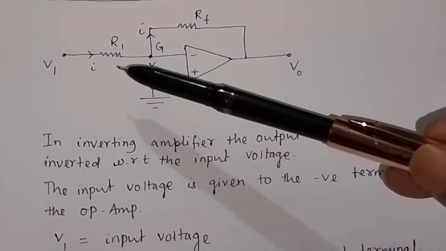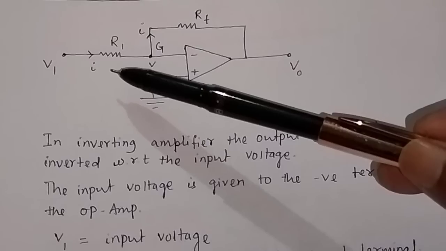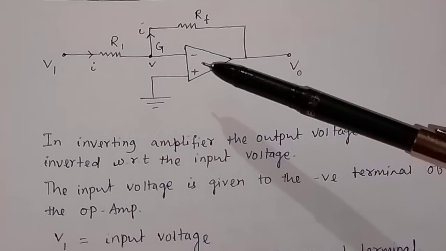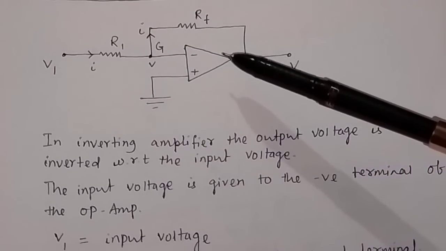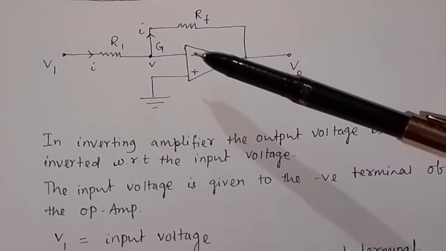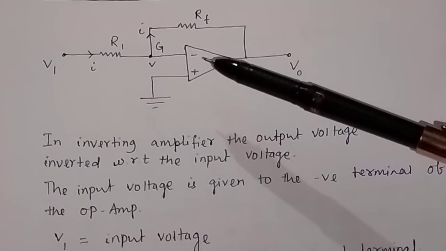Now you see the current passing through this input resistance is equal to I. If you have an ideal operational amplifier, then the input impedance is very high, that is infinite. I have discussed it in the previous video.